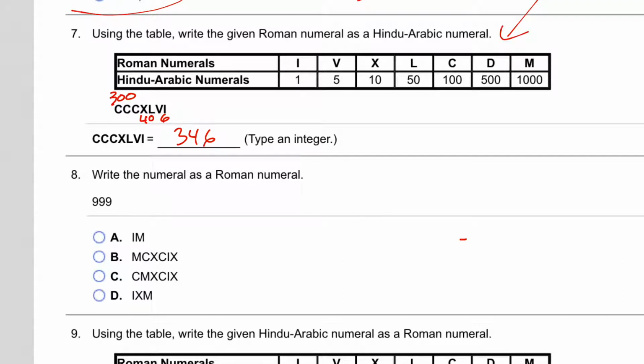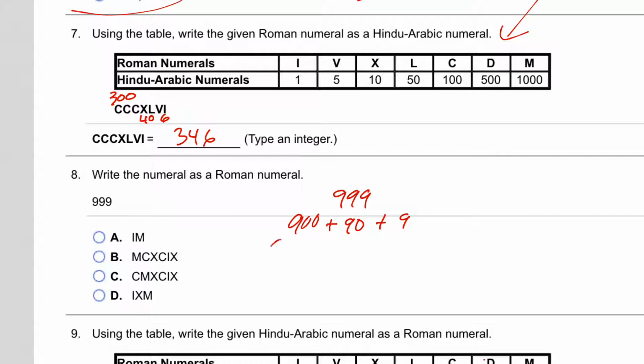Next we have 999. This is a tricky one. And most likely this is going to be on the test as a challenge problem. So 999. The closest we can get to that would be 1,000. Then we got to go down from that. So the 999, I'm going to break this up. So 900, the only way to do that is to subtract 100 from 1,000.